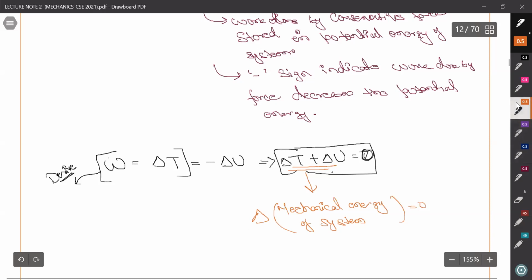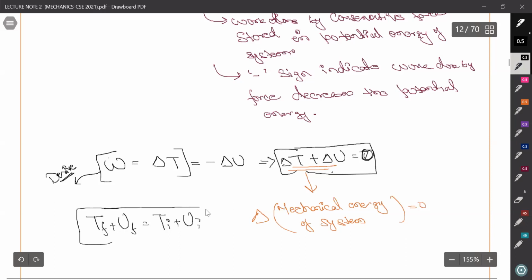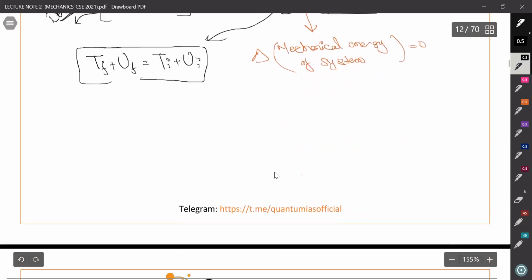We can write it as Tf plus Uf is equal to Ti plus Ui. We can write it in this form also. Delta T we can write as Tf minus Ti, delta U we can write as Uf minus Ui. Okay, so this is how we can derive this result.